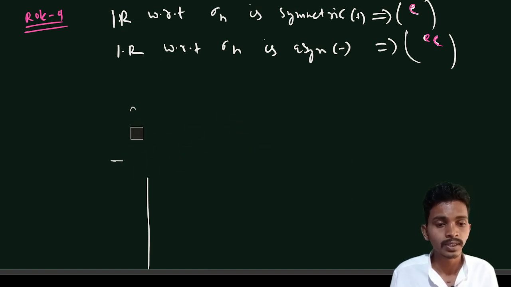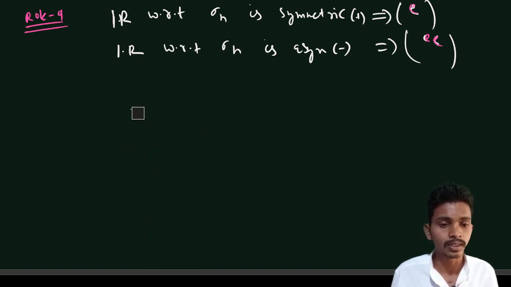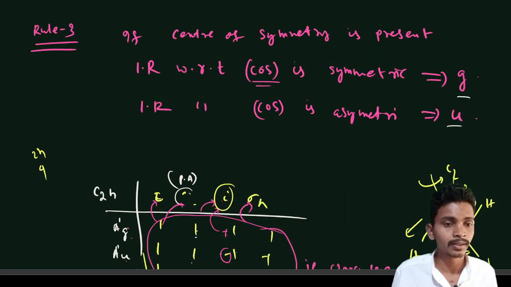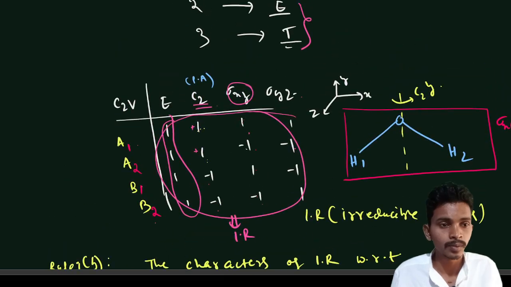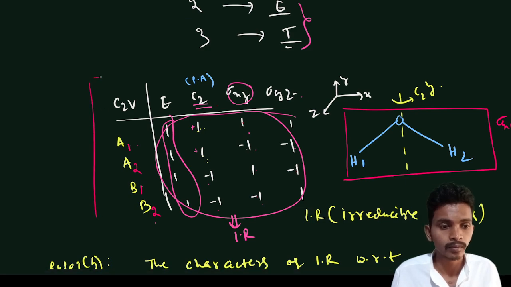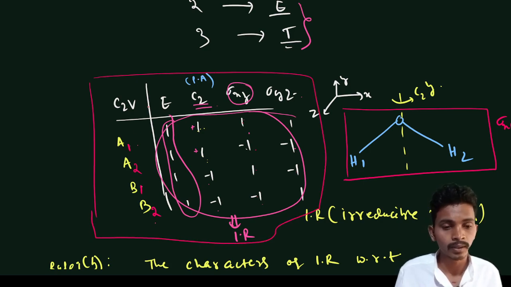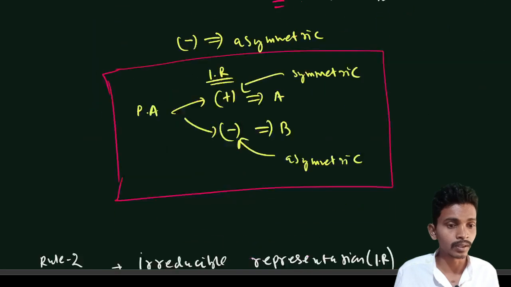If I change one thing, then I have to change everything accordingly. So whatever you are taking, see if I am doing this one, I can do XY and YZ.